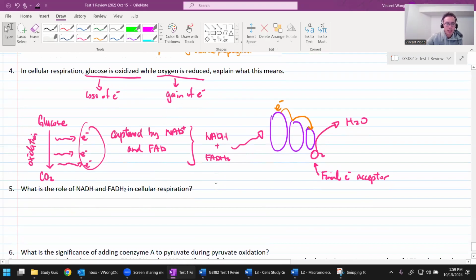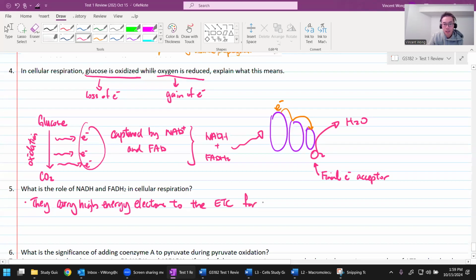Okay, what is the role of NADH and FADH2? So as I described to you here, they carry high energy electrons to the ETC for ATP production.